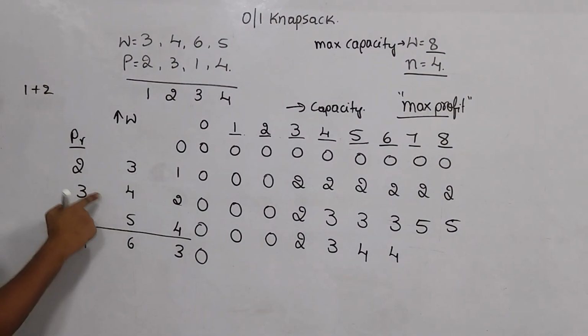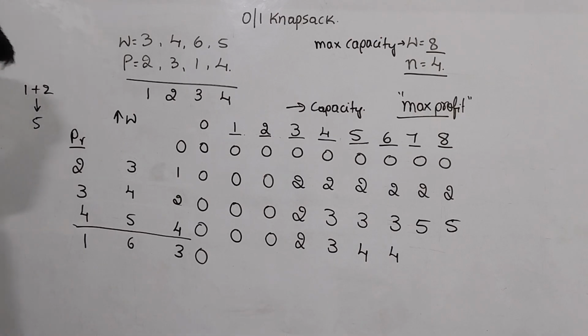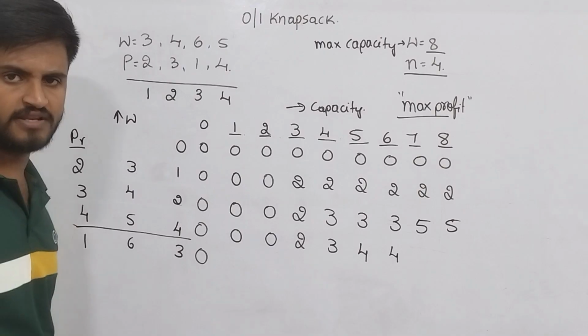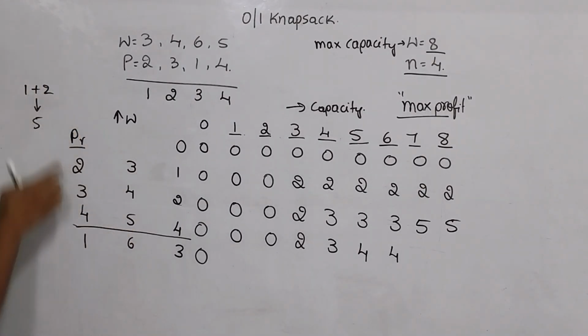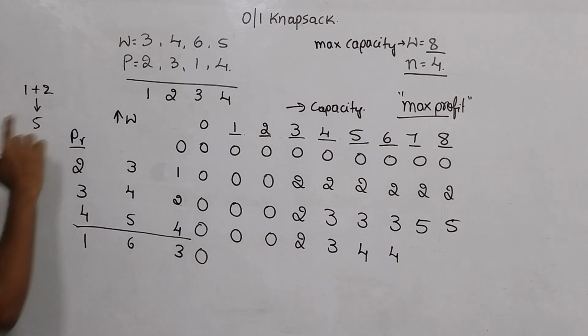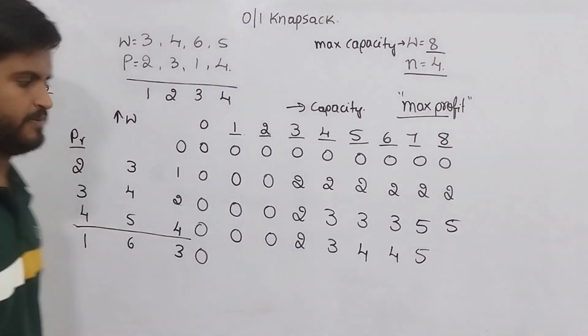So their profit will be 3 plus 2, that is 5. Now next, 5 plus 3 will be 8, 4 plus 5 will be 9. There is no other scenario. If you see all 4 scenarios, 2 is the profit, 3 is the profit, 4 is the profit, 5 is the profit. So you will be keeping the maximum profit value, that is 5.